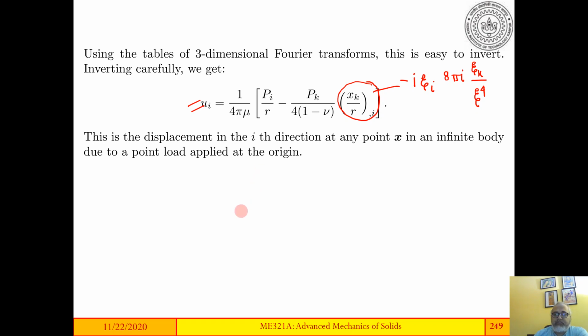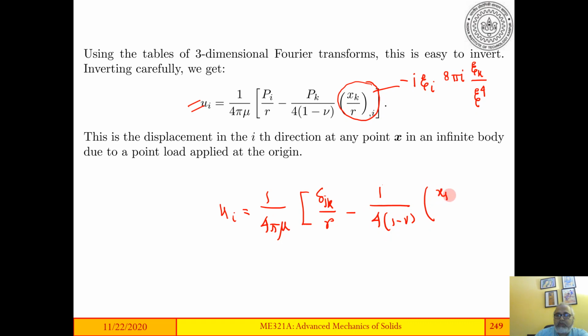So I can of course write this ui as 1 by 4 pi mu delta ik by r minus 1 by... So if you apply a load in the kth direction at the origin, the ith displacement that you will get at an arbitrary point x inside the body is given by this function.